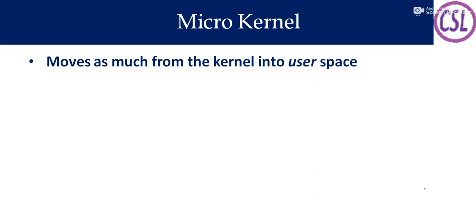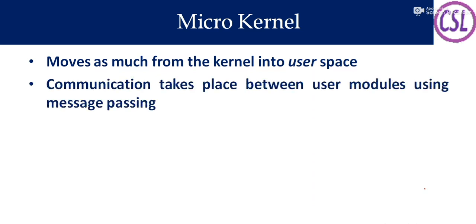Okay, so here the change is shifted to user space. We reduce the burden on the kernel space and move more functionality to the user space. And here the communication takes place between user modules using message passing. So through message passing, the communication has to be established between the modules.